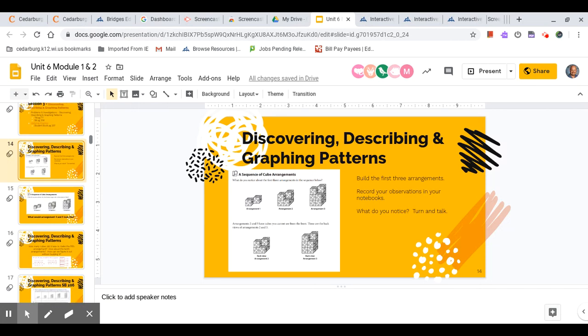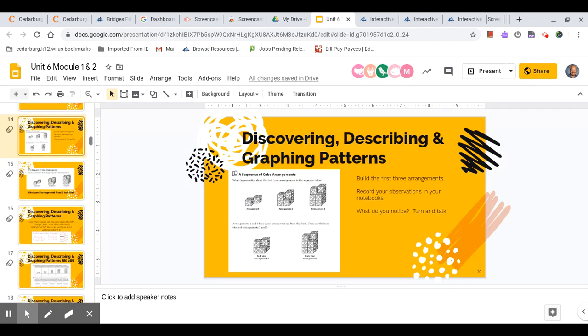Okay, so with that, what do you suppose our fourth and fifth arrangement might look like? If you said that it would look like arrangement 3, but just with one more or two more 2 by 2s below it, you would be absolutely correct.